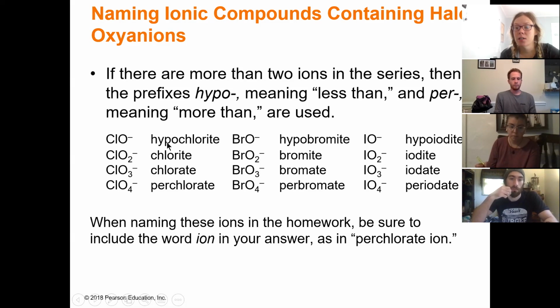Hypo meaning under, right? Hypoglycemic, yeah. If I'm at chlorate and I want to add another oxygen, I become perchlorate. Okay, the per meaning that we're adding something. So this is actually where I spent most of my time in graduate school, was working on perchlorate contamination. So I know this compound very intimately. That tends to be the case.